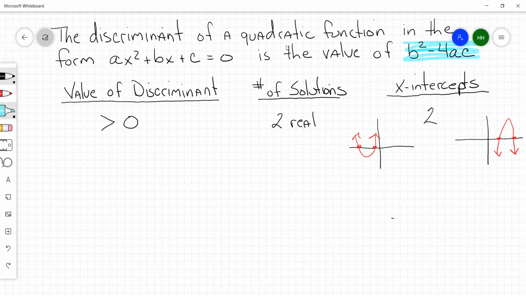If your discriminant is equal to 0, your value under the radical sign is equal to 0, you're going to have one real solution. Your x-intercepts, you're going to have one x-intercept.